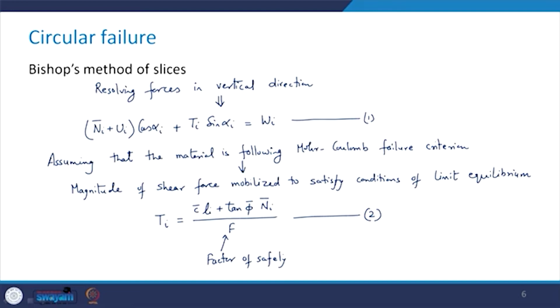This is what is your factor of safety. So, you see that I am taking the definition of this factor of safety from the first principle, that this is equal to the resisting force divided by the force which is inducing the failure. The same thing that we are doing here, this is what is going to give us the strength of the material in case the material is following Mohr-Coulomb failure criterion.